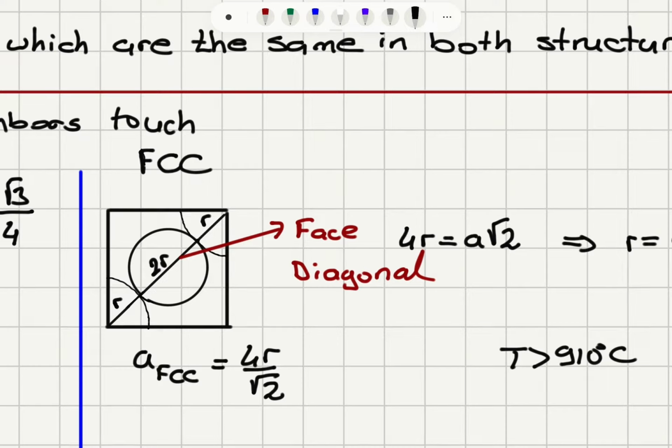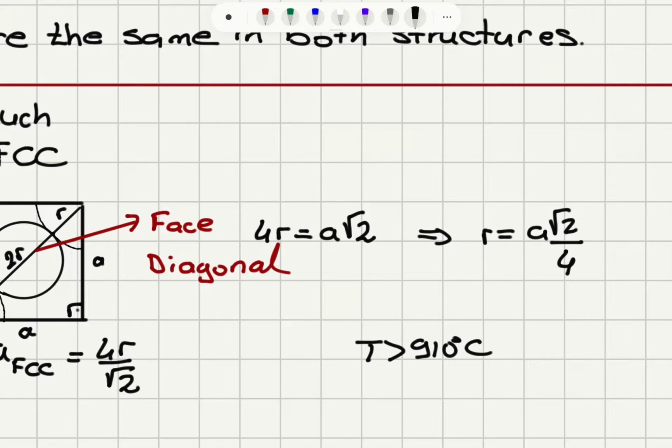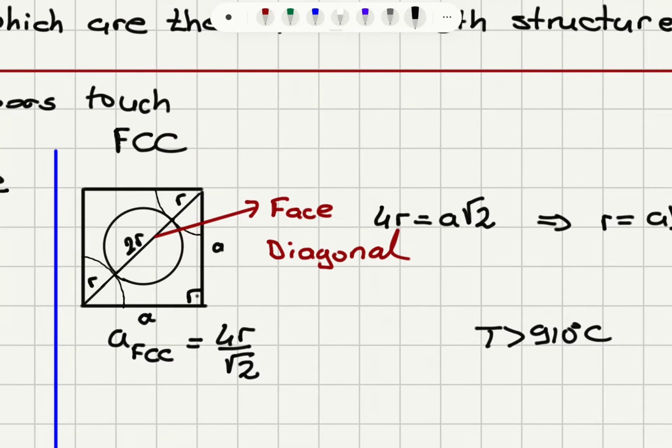So if a is our lattice constant here, a√2 would be equal to 4r. So I would have the radius of one of these atoms to be a√2 over 4, or the lattice constant for the face-centered cubic structure would be 4r divided by √2.